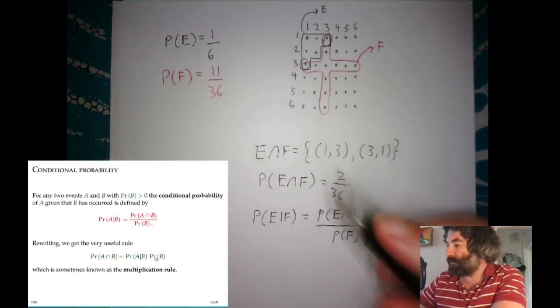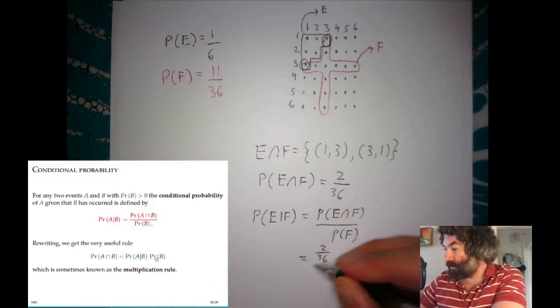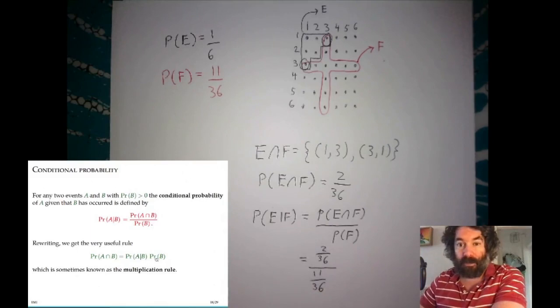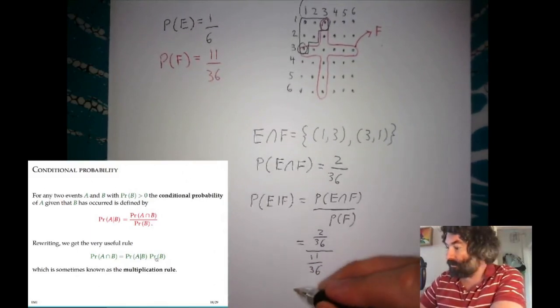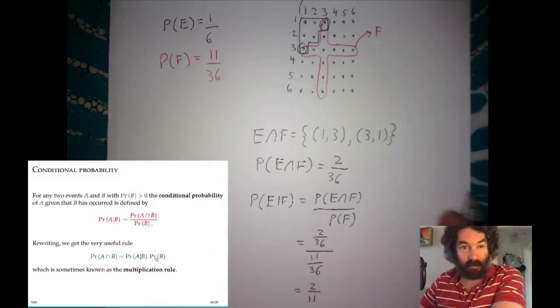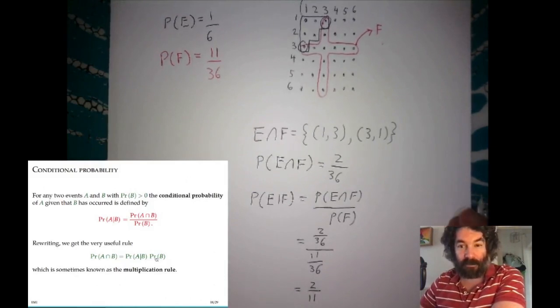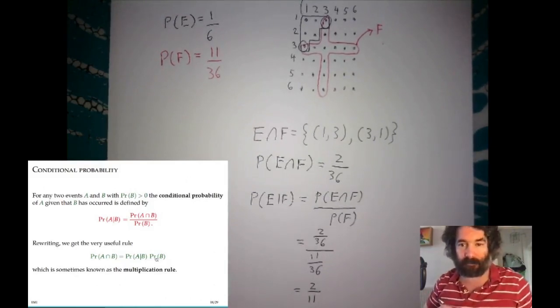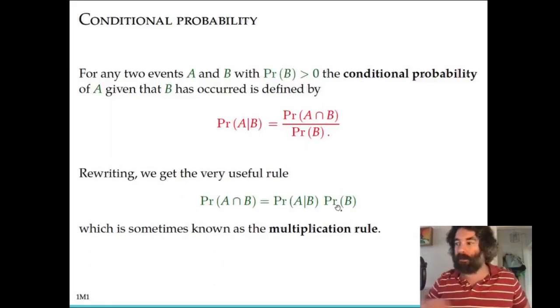The probability of F was 11/36. This is 2/36 divided by 11/36. And that is 2/11. And so the probability that E occurs given that F occurs is 2/11. That's the probability that you roll at most a 4, given that one of the rolls is a 3, is 2 out of 11. Okay, so this is an example using conditional probability.